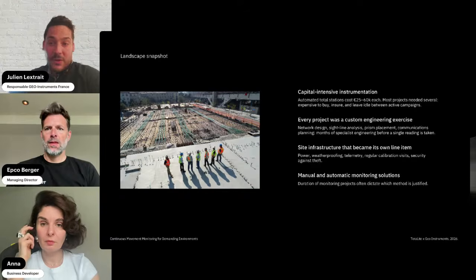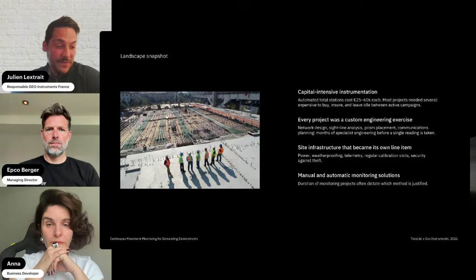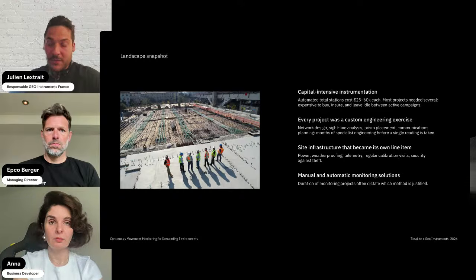This is a challenge because you need to think about different aspects of the deployment. You have the fact that it's expensive equipment deployed in a difficult environment, and it's often complex to deploy. It's not drop-in equipment you just install on site. You have several considerations in terms of each technology. For example, with a total station, you need a line of sight to all of the monitoring prisms.